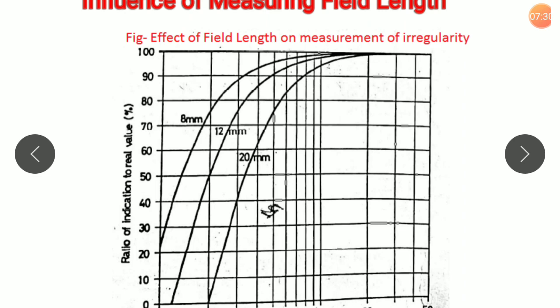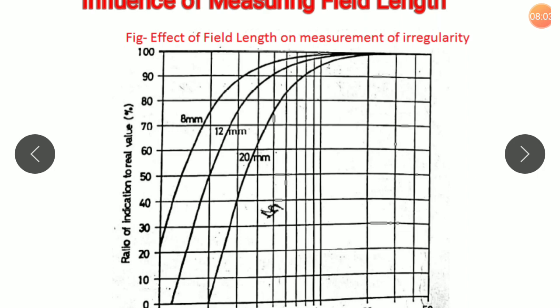If periodic variations are there, definitely the wavelength will have a great impact on the display of the variations present in the materials. Suppose you have a wavelength of 2 mm or 3 mm and you are measuring in a field of 8 mm, so many variations average out and will not be reflected in the results.